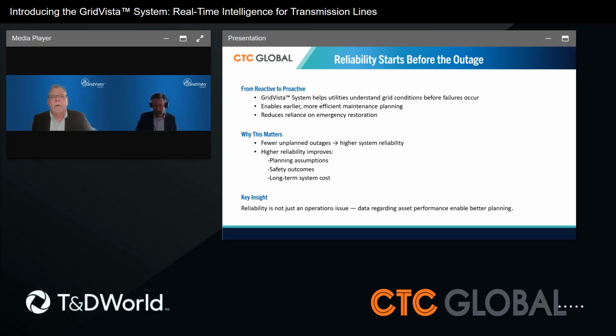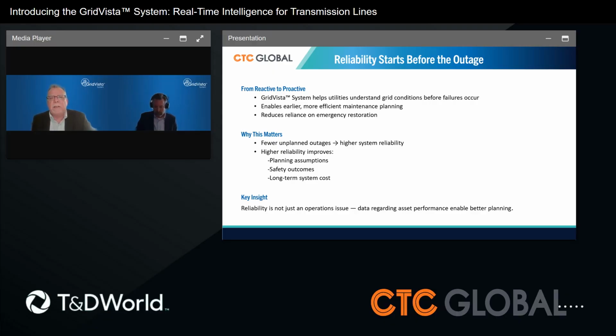GridVista helps us to be more proactive and less reactive to conditions on the system that we can see, whether that's a wildfire that's going to force an outage of a line, or whether that's lightning strikes and things like that.